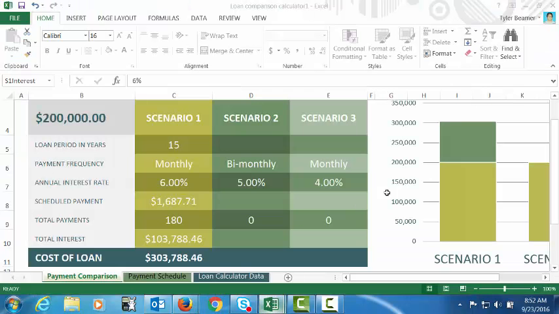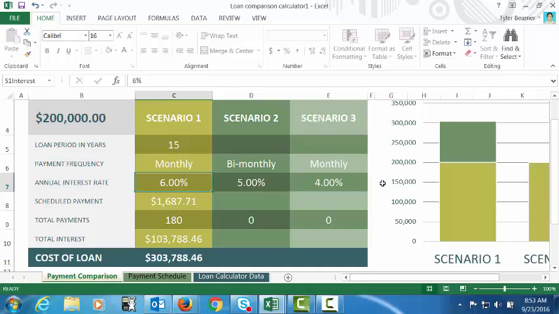So if we go back to our comparison tool, we know that we paid $103,788.46 in interest. And we have a total cost of $303,788.46.